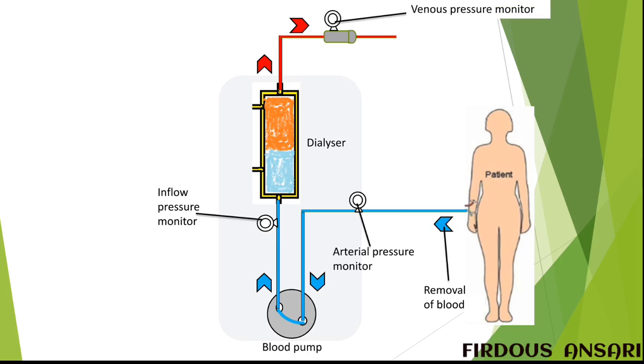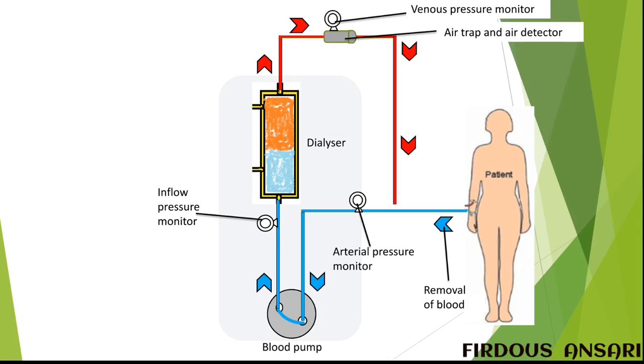We have a venous pressure monitor, and one more important thing, the air trap and air detector, because air should not be moved inside the patient's body. We just need to direct blood into the patient's body. Finally, after purification and removal of all the air, we move the purified blood back into the patient's body, and this is your clean blood. So this is how hemodialysis takes place.